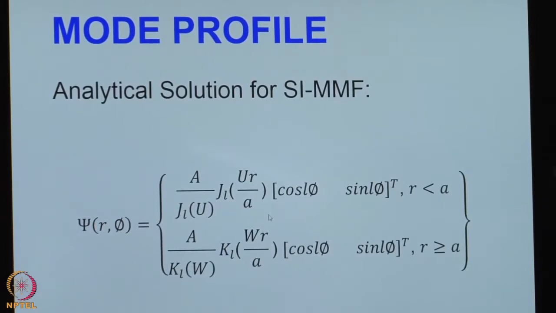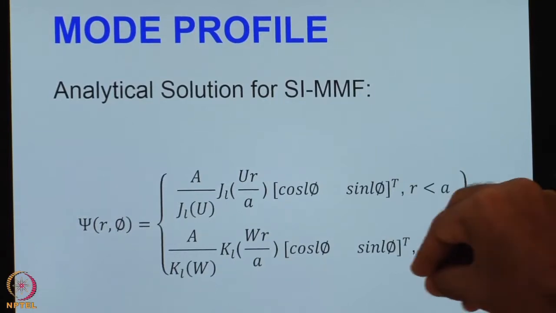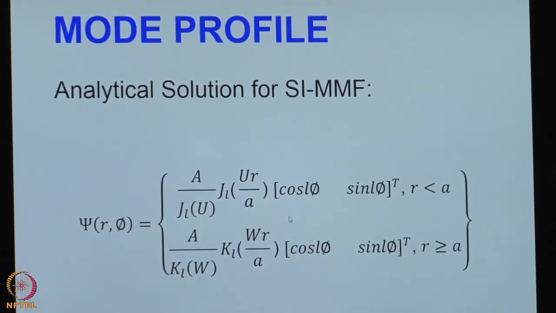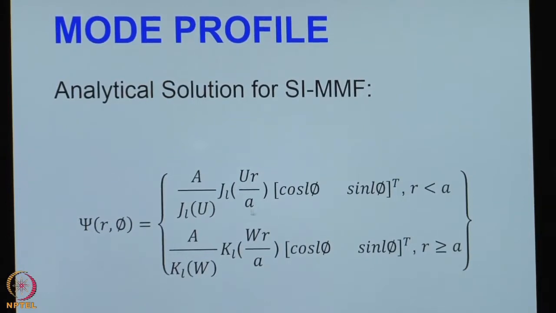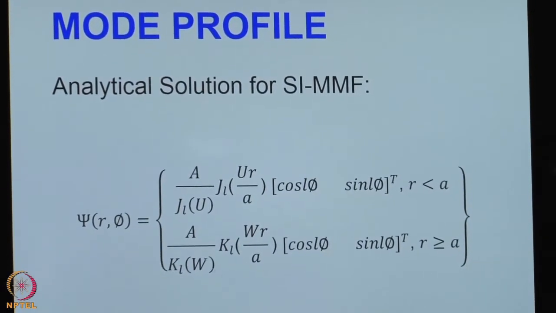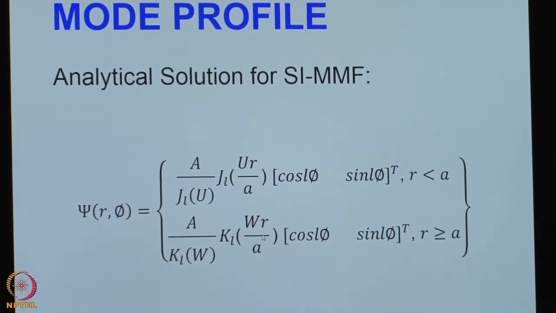When we solve the Maxwell equations for this fiber, the solution for the step index fiber is like this, where this is the amplitude. There are two solutions: a cosine dependent solution and a sine dependent solution. Inside the core, the solution is expressed in terms of Bessel functions of the first kind, and outside, in the cladding, in terms of modified Bessel functions of the second kind.